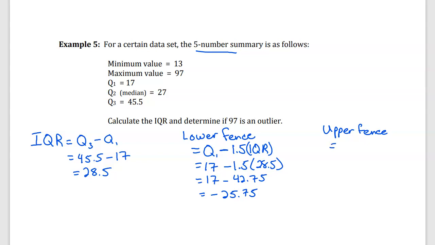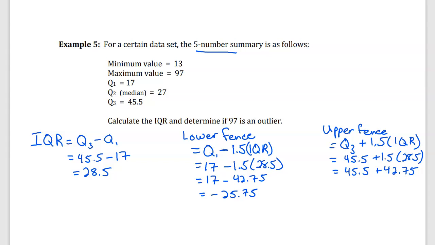Now let's check the upper side. We start with Q3 and we add 1.5 times our IQR. It's like we give ourselves that buffer room. And so we take 45.5 plus 1.5 times 28.5. So that's 45.5 plus the 42.75. Notice we are adding and subtracting the exact same value.